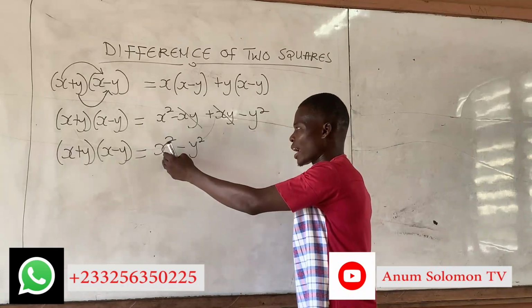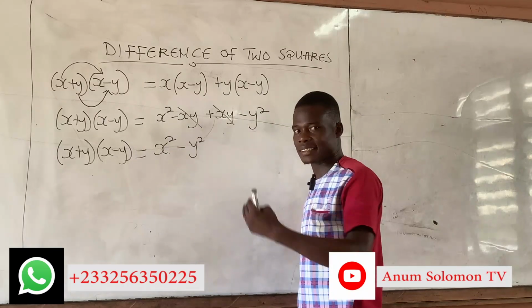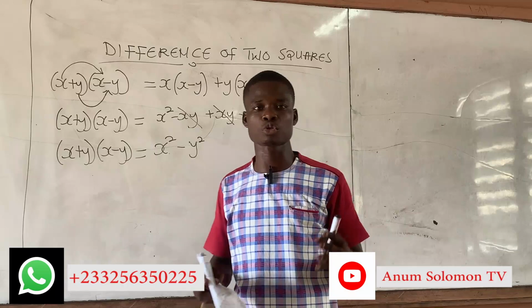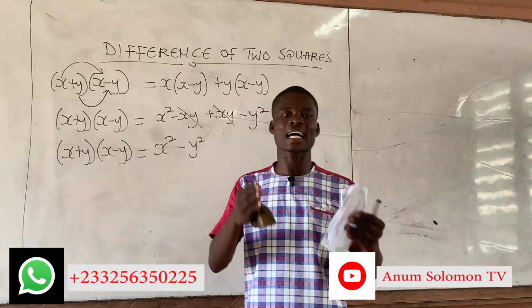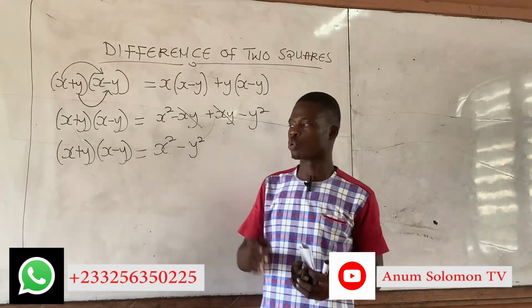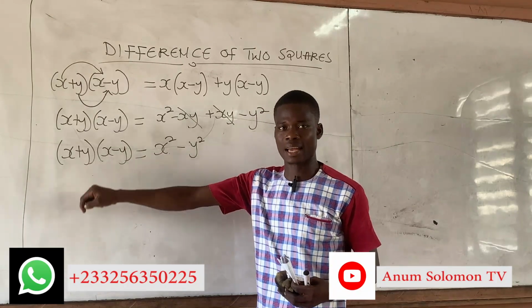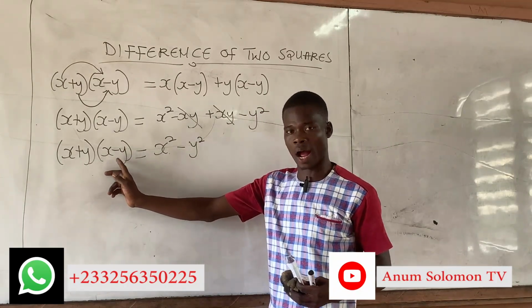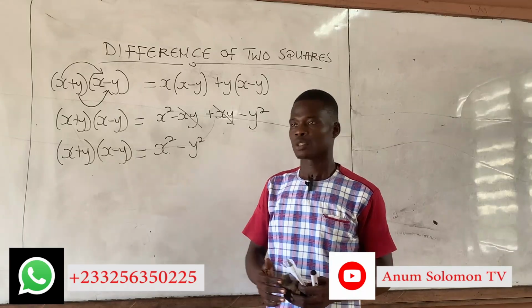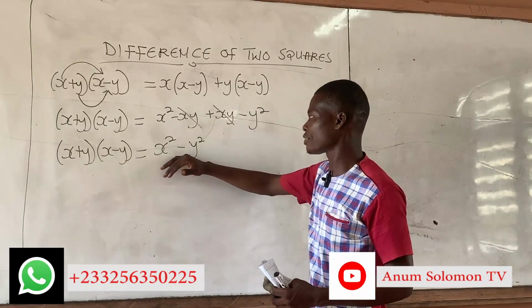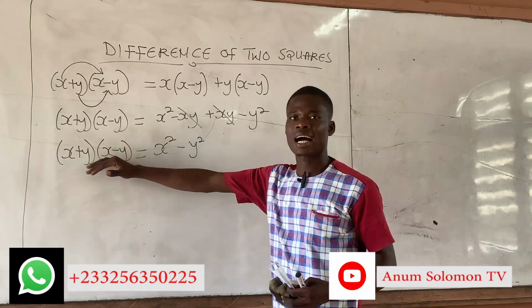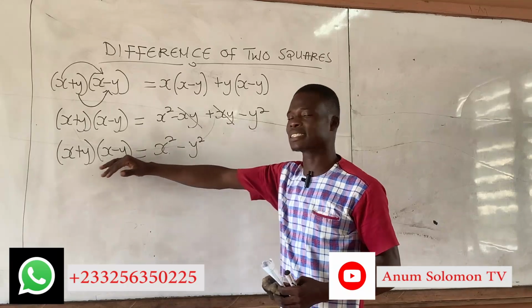So x squared minus y squared is called the difference of two squares, and it is identically equivalent to x plus y in bracket times x minus y in bracket. So this is the difference of two squares and its equivalent identity.